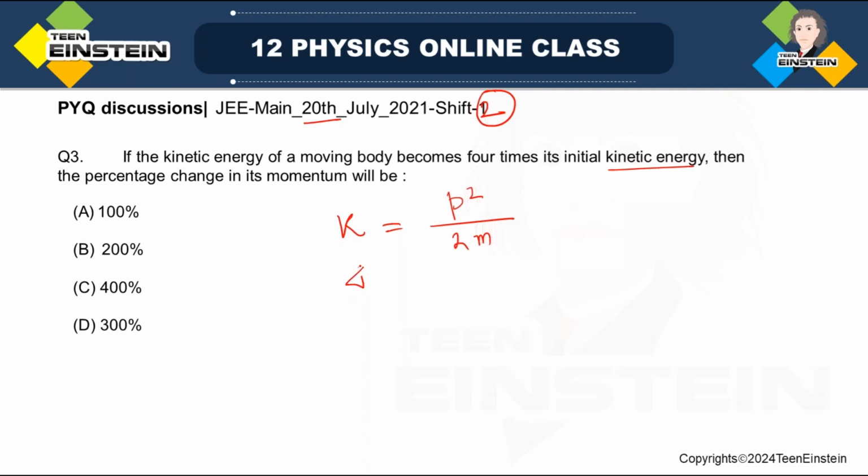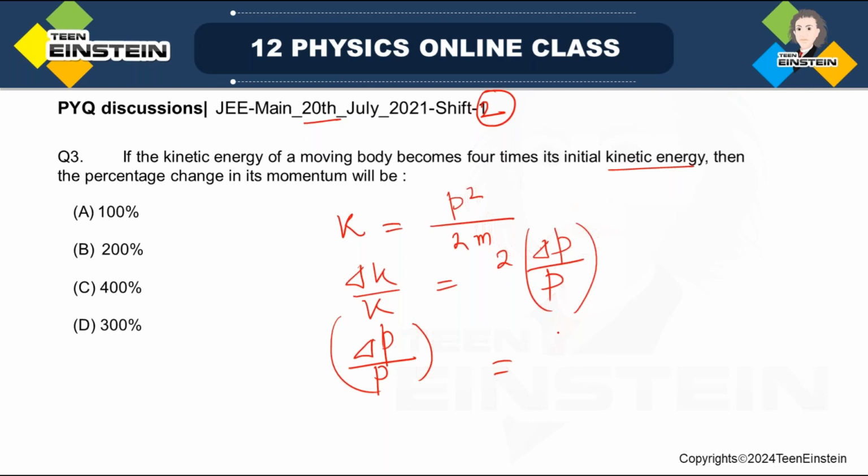In this case also, delta K by K will be 2 delta P by P. If I multiply by 100, it will give the percentage change. So delta P by P will be half into delta K by K.